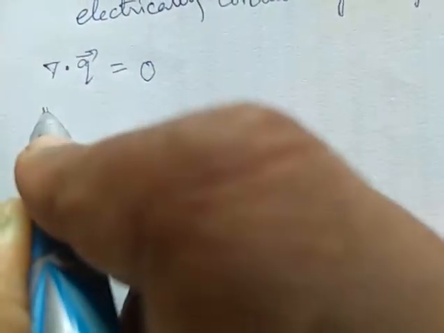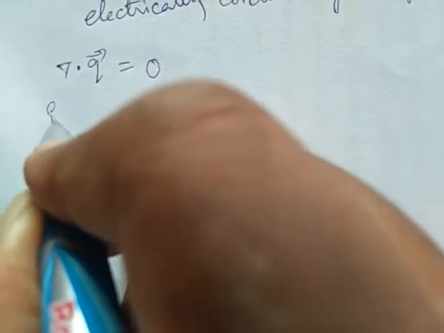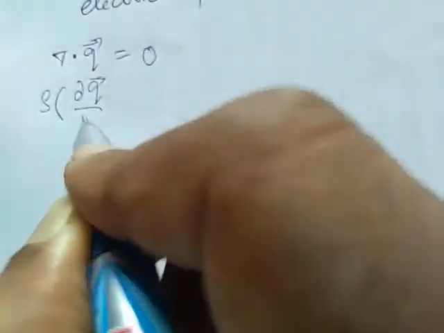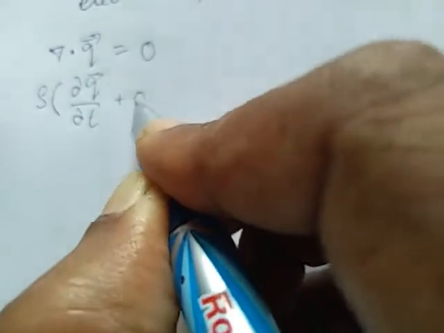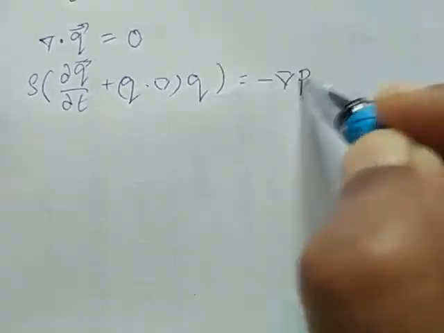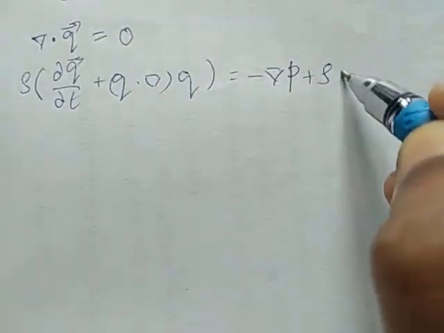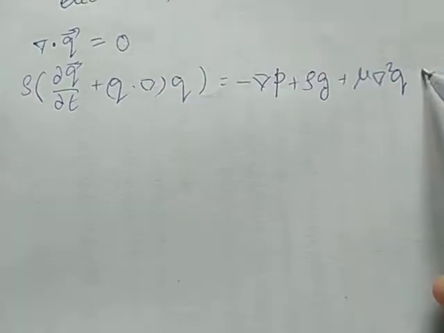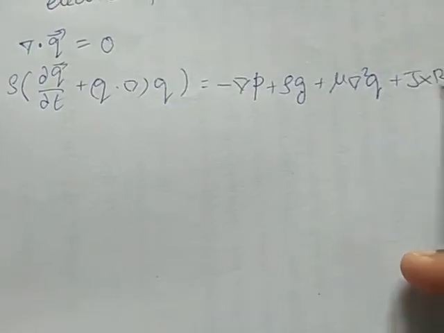The momentum equation is dou Q by dou T plus Q dot del Q is equal to minus del P plus rho G plus mu del square Q plus J cross B.